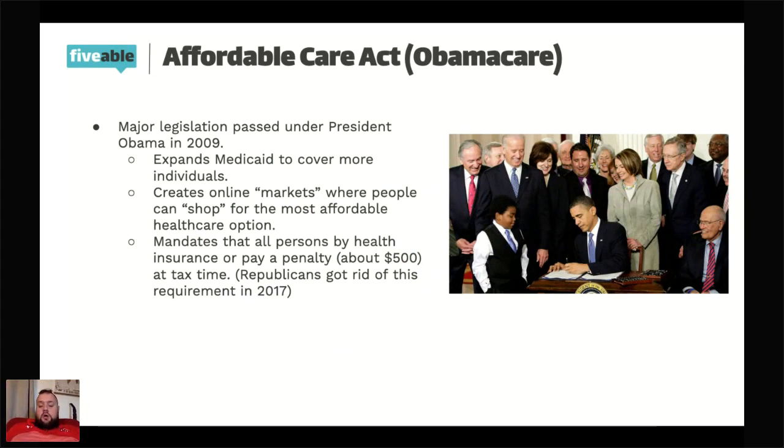It creates markets where people can shop for the most affordable healthcare option via a website online. You can put in your information, how much money you make, and all that, and then there'll be all sorts of different plans that will come up, sometimes which include Medicare or Medicaid, excuse me.